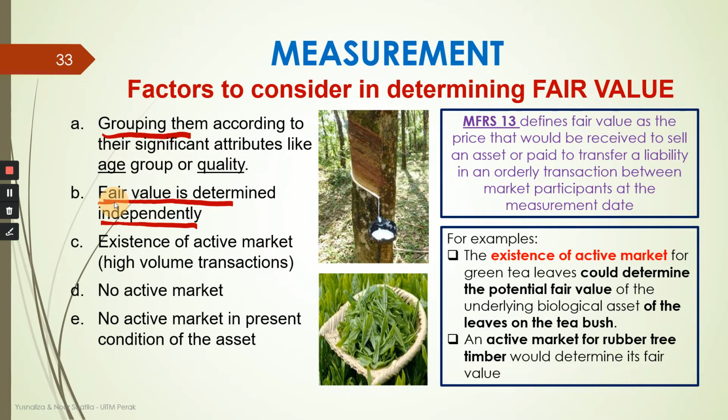They support the agricultural activity in Malaysia. You also need to see whether there is any active market, or if there is no active market, in that present condition only, right? Also whether it is a high volume transaction or just a normal one? So the definition of fair value, of course, is as per MFRS 13, so you can still go and read that part on your own.